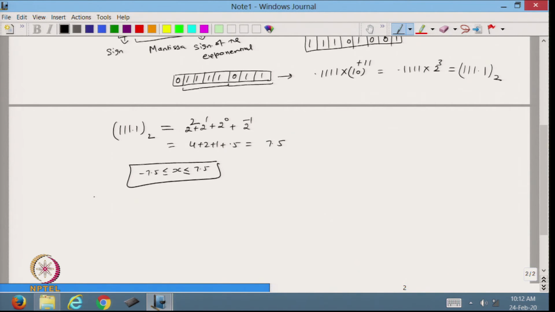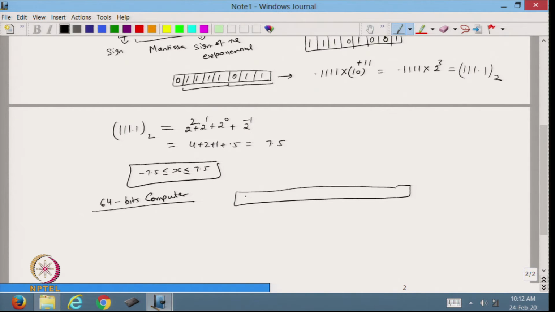In a similar way we can define it for the 64-bit computers we have these days.